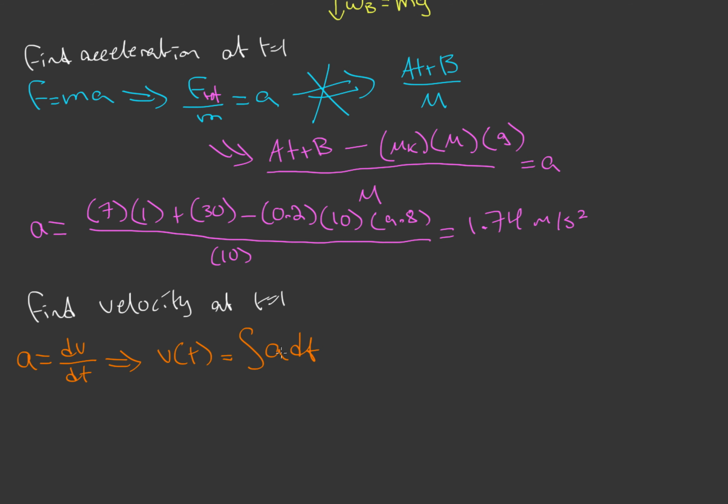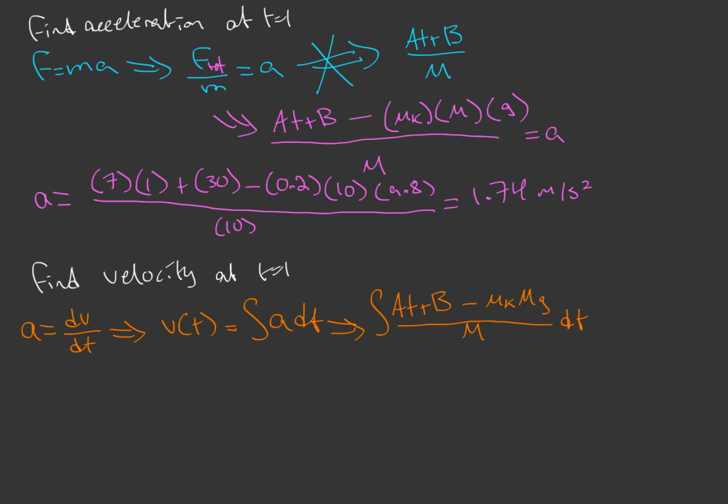So we plug the equation that we had for acceleration into this integral: the integral of At plus B minus the coefficient of friction times the mass times the gravity, which represents the normal force, all divided by the mass, with respect to time.